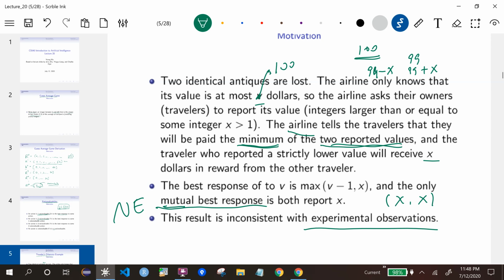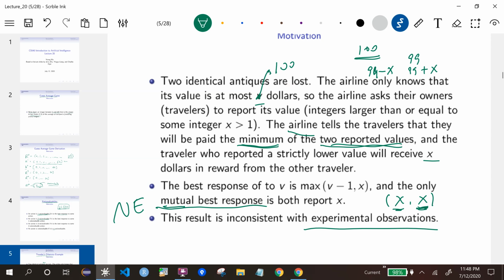And for most of the games, we'll solve it by just figuring out which pair or which list of actions is a Nash equilibrium. So here, let me actually talk about some specific problem with Nash equilibrium. Remember, I said if the other guy is playing the action that he or she claims to play, which is x here, then our x is the best response.